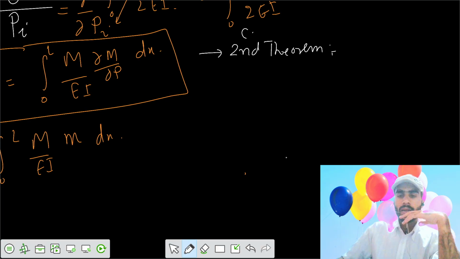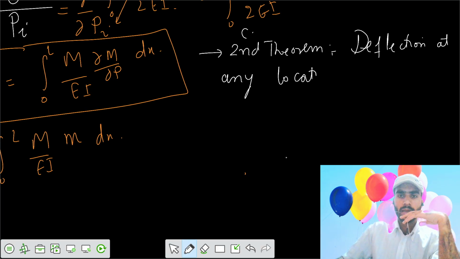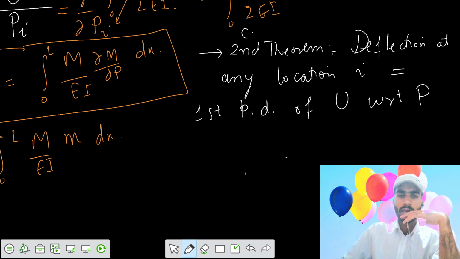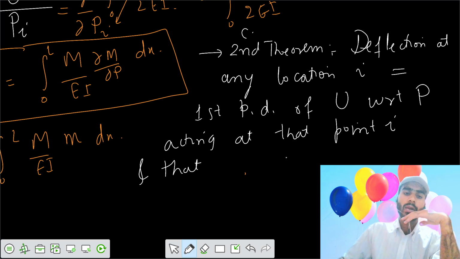It says that deflection at any location I is equal to the first partial derivative of strain energy with respect to the load acting at that point I, or location I, and that load should act in the same direction.